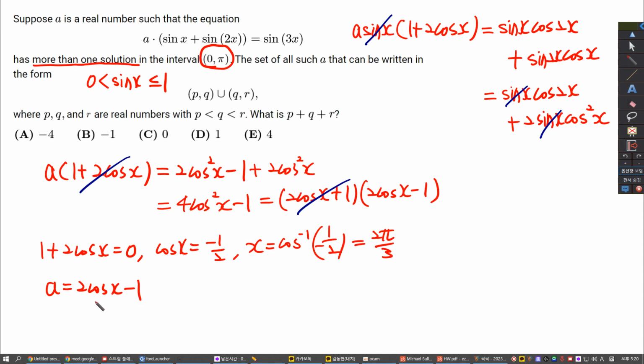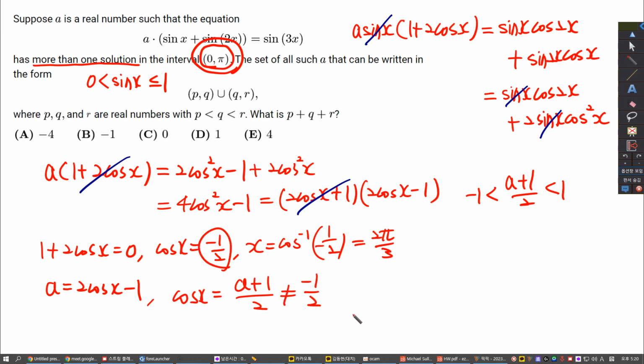So that means cosine x is, and at this range, 0 to pi, the cosine x value is between plus and minus 1. So that means this a plus 1 over 2 should be between minus 1 and 1 to have the solution. And then, because it should not be redundant, this value should not be equal to this minus 1 over 2. That's two requirements.